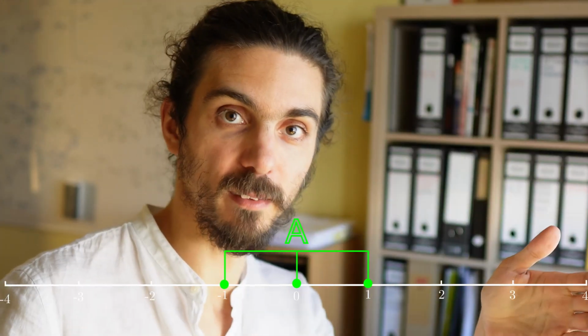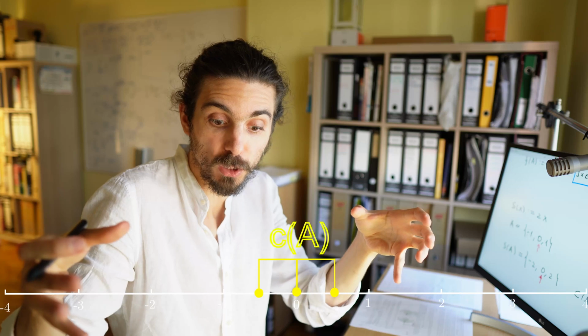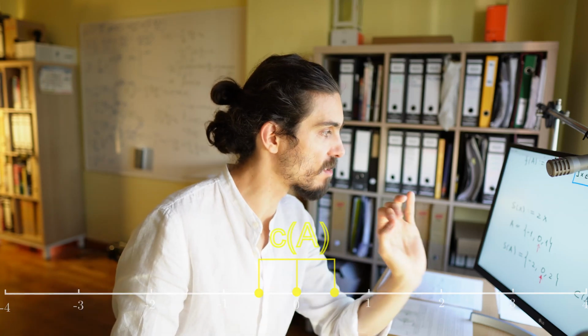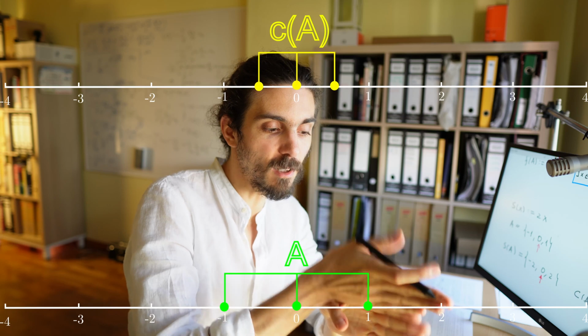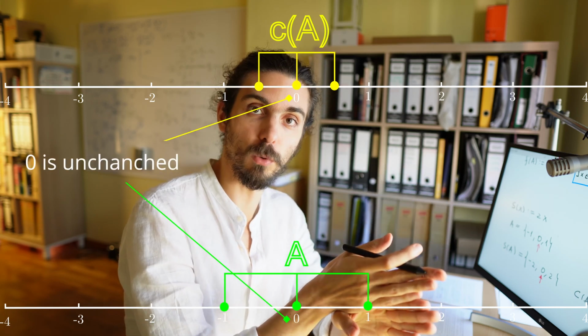And so you can see now that previously the set is 0, 1 to the left, 1 to the right, and now it becomes just half of it. So the set was compressed. So you can see that by acting with functions on these sets, you can either stretch a set or contract a set. Notice that the intermediate point, the 0, did not change when we apply these functions.